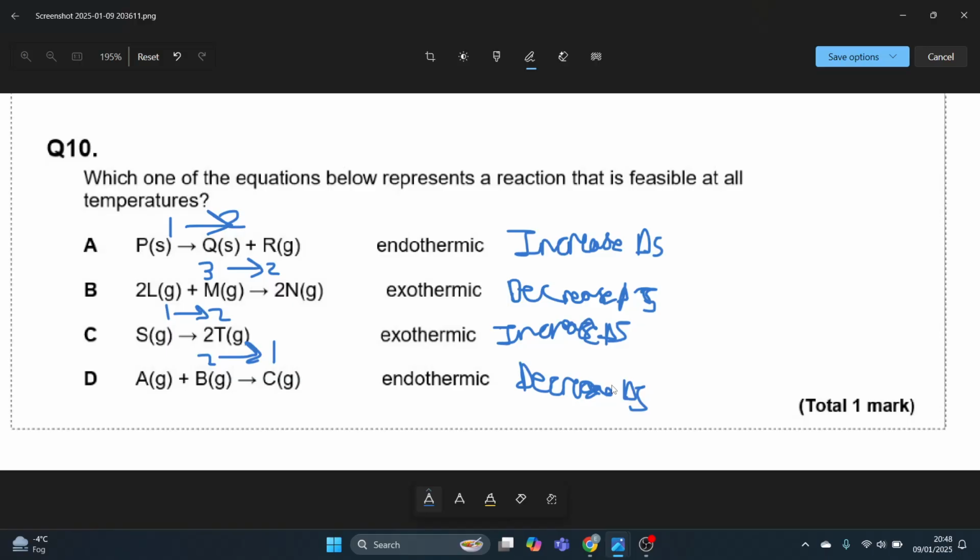If the reaction is exothermic and has a positive entropy change, then delta G is always negative, since delta G is delta H minus T delta S. And it makes sense. If the reaction is exothermic, negative delta H, and there's a positive entropy change, a negative minus a positive, it's always going to be negative.